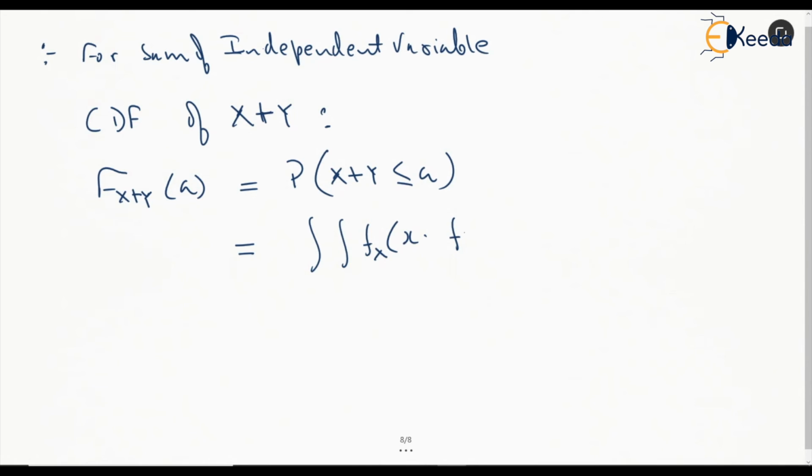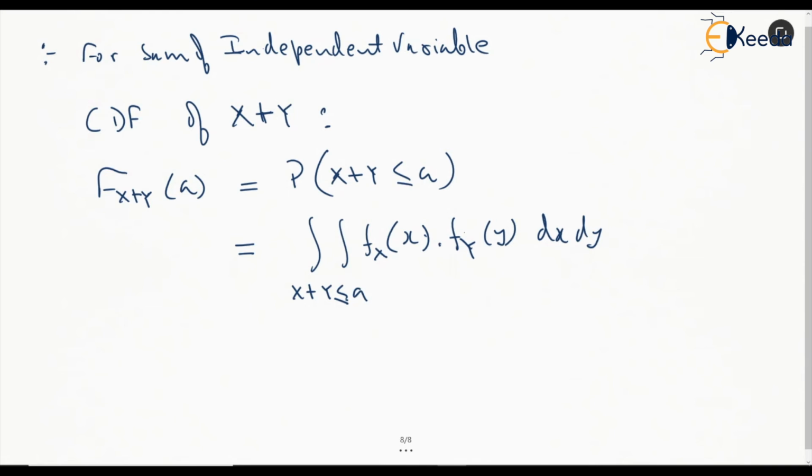f_Y dx dy, where x plus y is less than or equal to a. So this x plus y less than or equal to a is a region defined over which we are going to double integrate f of x and f of y. Why can we write it in this manner?